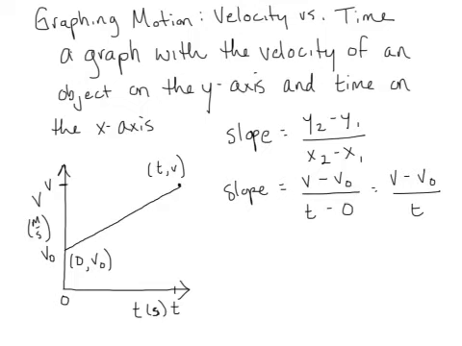And as we learned in class yesterday, we know that v minus v0 over t is the mathematical equation for acceleration. So on a velocity versus time graph, the slope will always equal the acceleration.